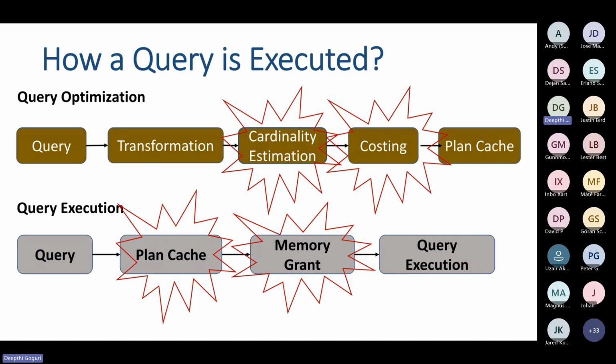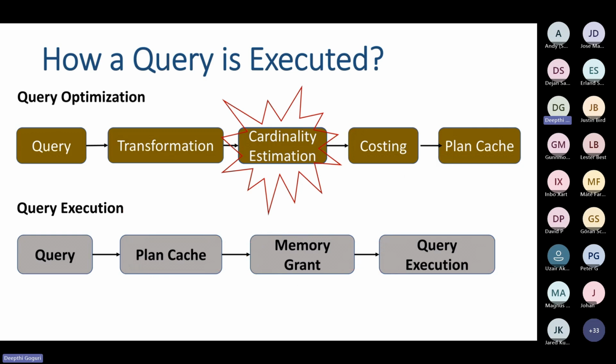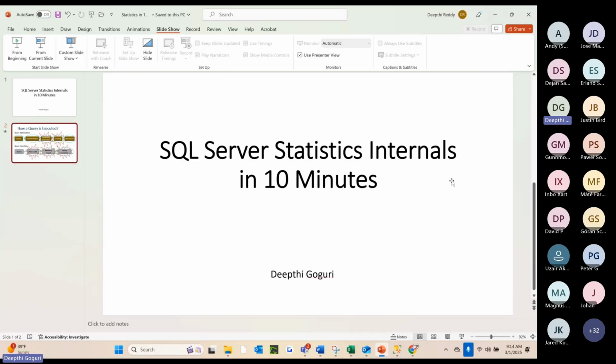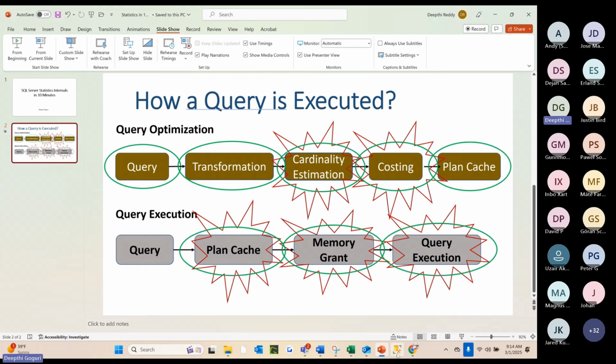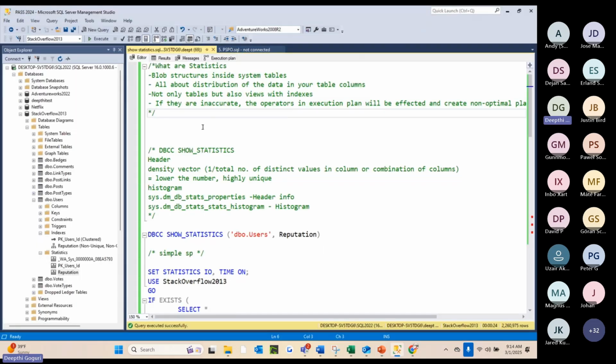Only a few memory grants are allocated, and that will impact the query execution. All of this is happening just because of the stale statistics. That is the reason why it is so important to make sure that we are updating the statistics and that they are up to date all the time.